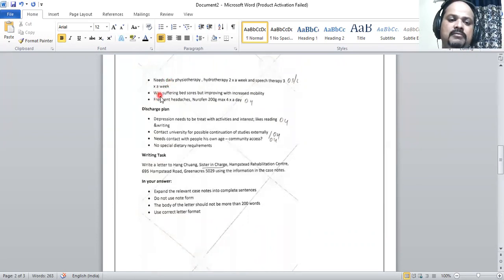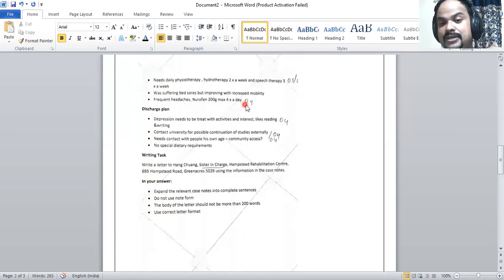Mr. Felix had bed sores, but now the condition is improving, and you can see increased mobility. You saw that the patient is mobilizing in a wheelchair. Now, he had frequent headaches, and Nurofen 200 mg maximum per day.